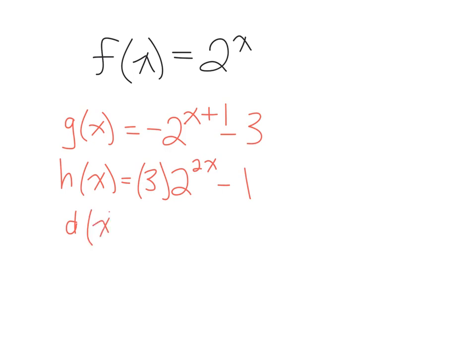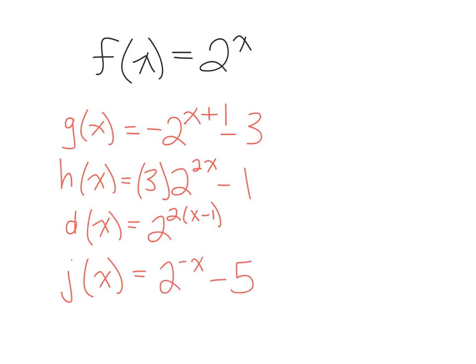Then 2 to the 2x minus 1. And j of x equals 2 to the negative x minus 5.